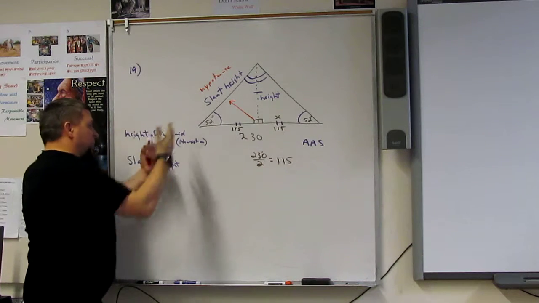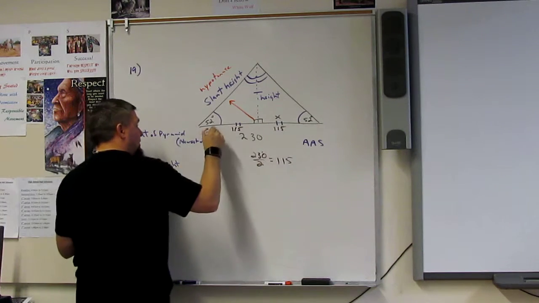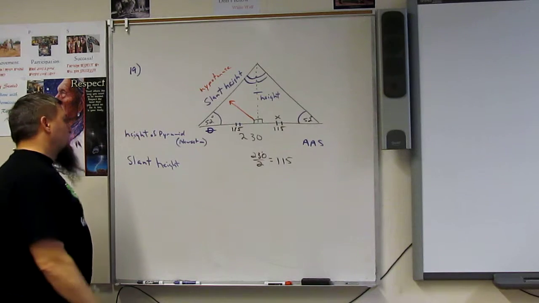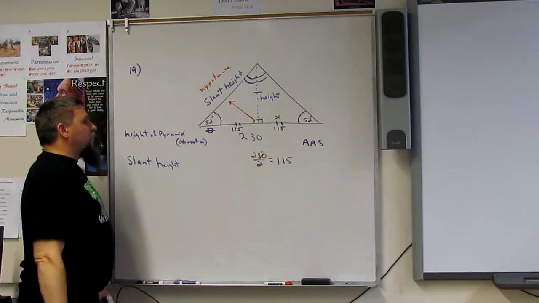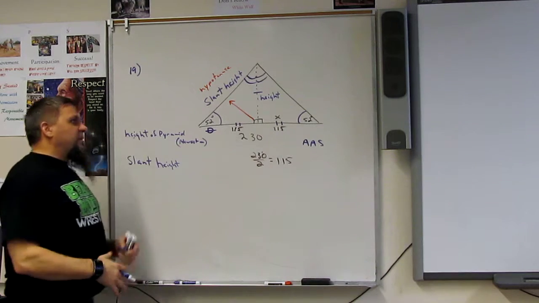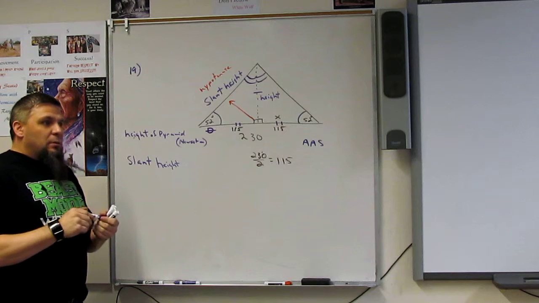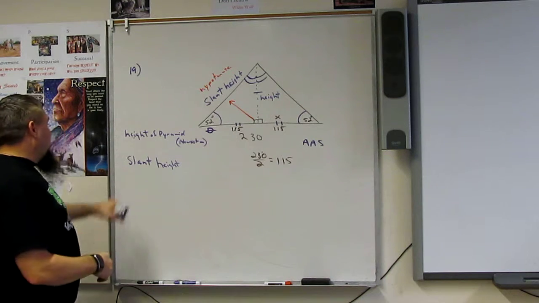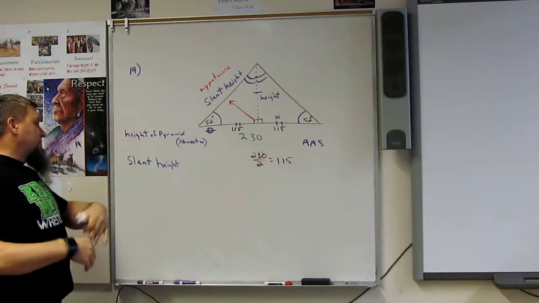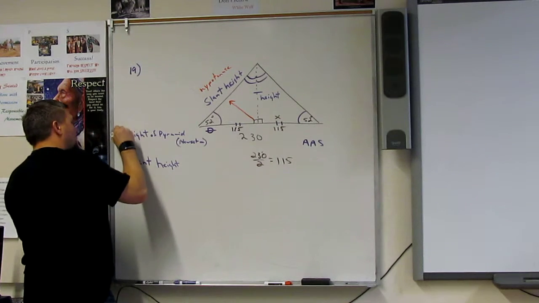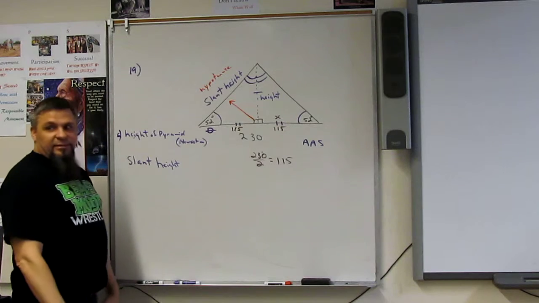I have theta, and theta is 52 degrees. So which one do you want to figure out first? You want height or slant height? It's really up to you. The first one was height, part A was height, so let's go with height.